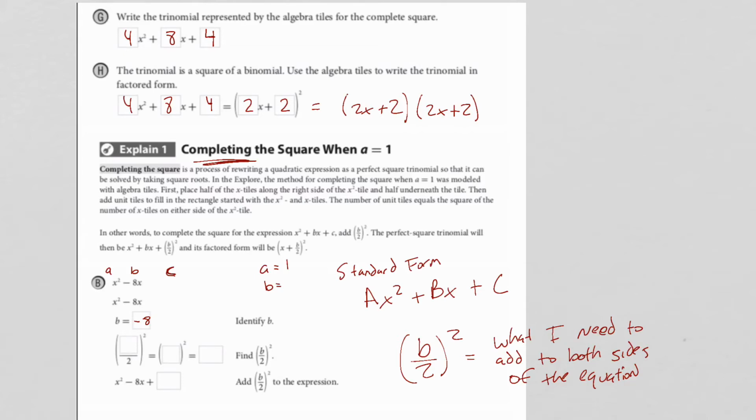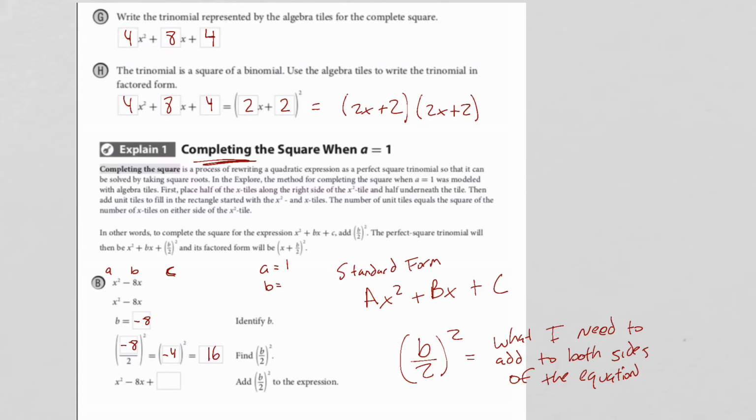Well, negative 8 divided by 2 is negative 4, and negative 4 squared is going to be 16.